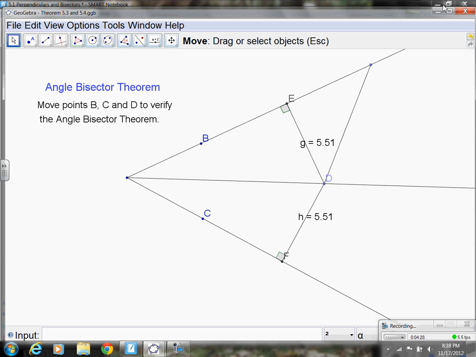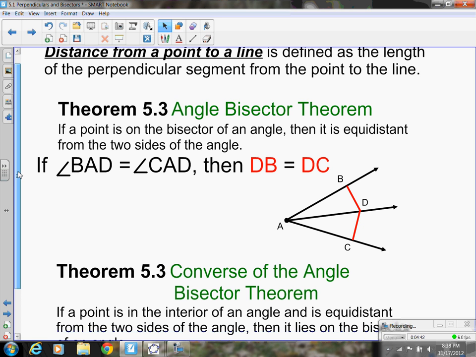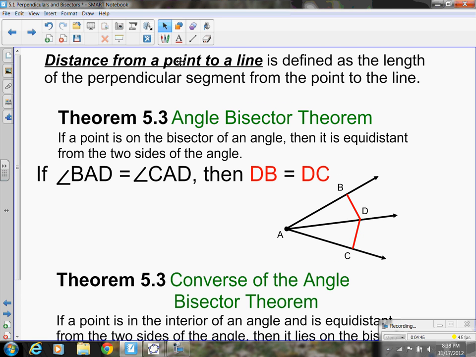But those are the four theorems all in total, the two theorems and basically their converses. And you see that BD is congruent to BC, but make sure you measure it at a right angle. That's how you find the distance from a point to a line. It's got to be a perpendicular segment.